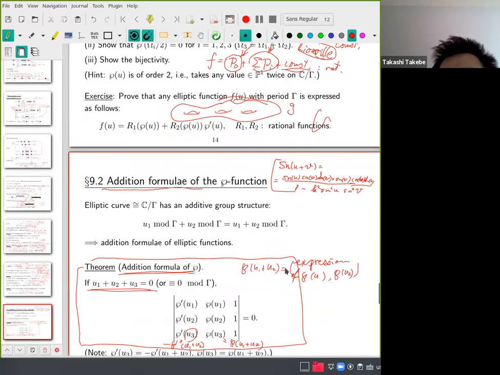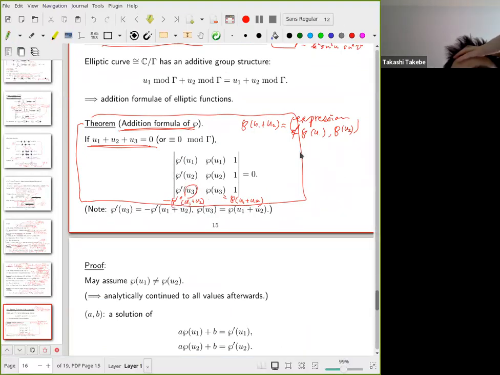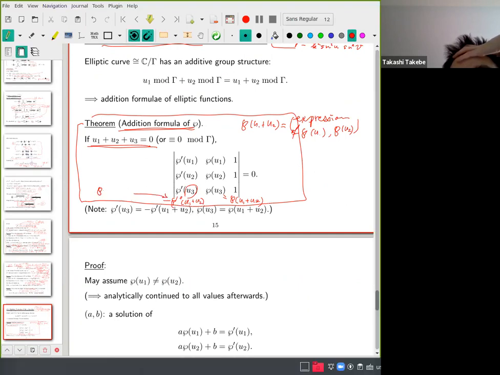So we can at least write P prime here and there in terms of P of U1 plus U2, P of U2, P of U1. But of course, it becomes a very messy expression.